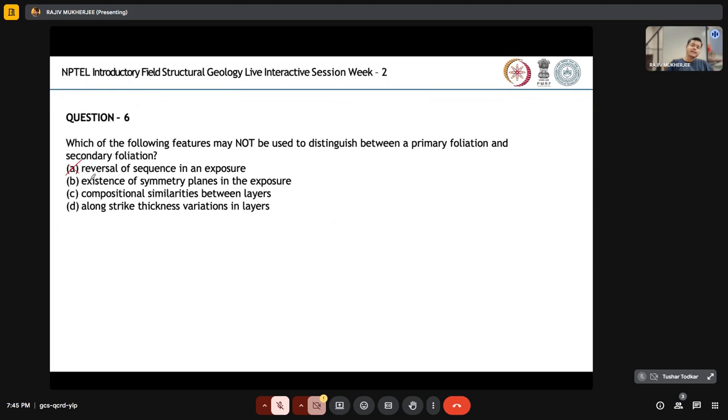Now, existence of symmetry planes in the exposure, right? So you have seen the crenulations. Crenulations are pretty much small scale folds that are generating some symmetry, or a pressure shadow lineation existing on the secondary foliation planes. They definitely show a symmetrical pattern, right? Crenulation cleavages. If things are organic, as was shown in the lectures, then it is a true criterion that if things occur naturally with variation in their disposition, then it has to be of primary origin.